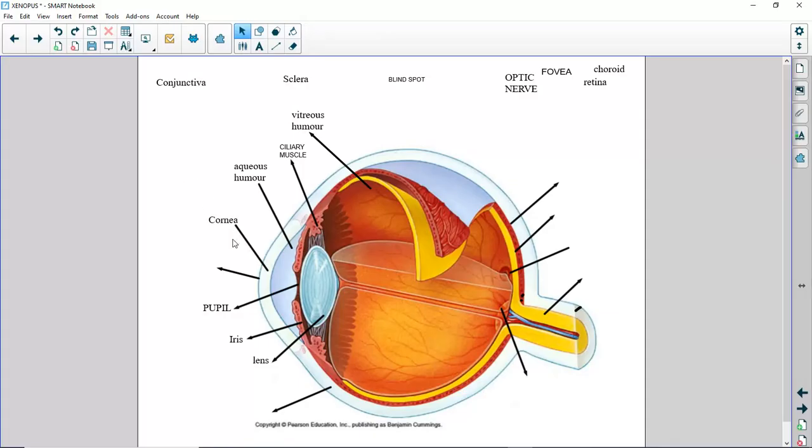The cornea is lubricated by the outer surface, which is called the conjunctiva. So notice that's really on the line right here. So cornea, conjunctiva, and you ever hear of pink eye? Conjunctivitis, pink eye.